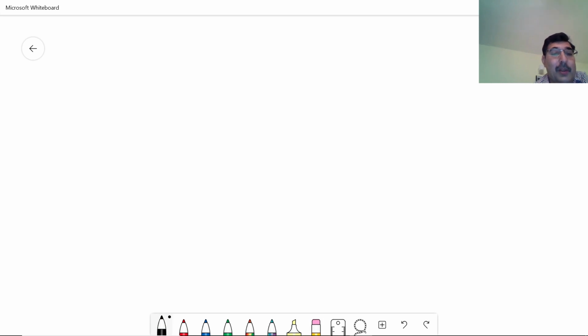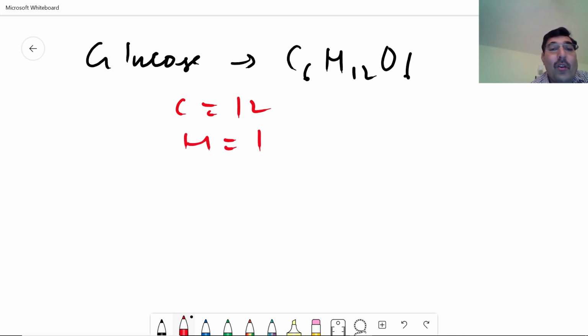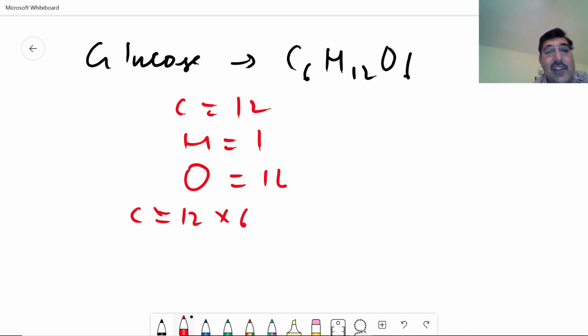For example, glucose, and the formula is C6H12O6. We have already seen carbon equals 12, hydrogen equals 1, oxygen equals 16. Carbon is 12, 6 times.